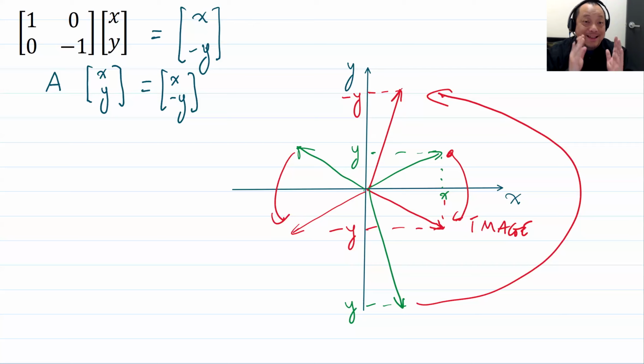This multiplication by this specific matrix A transforms any given vector into another vector that we call the image of it. And so this is the motivation for linear transformations. We want to study all the properties of these kinds of transformations. If I want to start with a vector and transform it into something else, what can I do to get that?